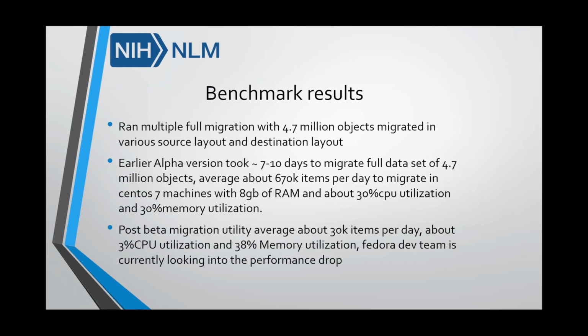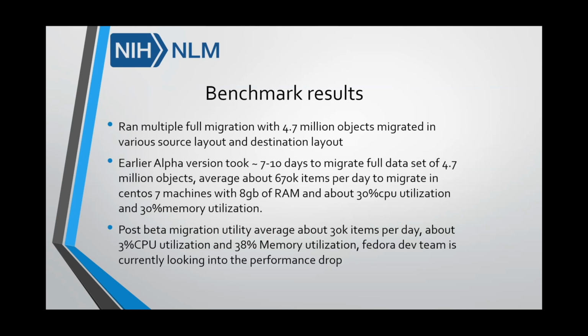So for our benchmark, we have run migration tools throughout the development process since the pre-alpha and alpha, now post-beta, for all our contents. We observed that in the earlier alpha version, it took about 7 to 10 days for a full migration run on the 4.7 million objects in flat legacy source layout for Fedora 3, and about 5 days to migrate 3.8 million Fedora Aruba storage format objects.